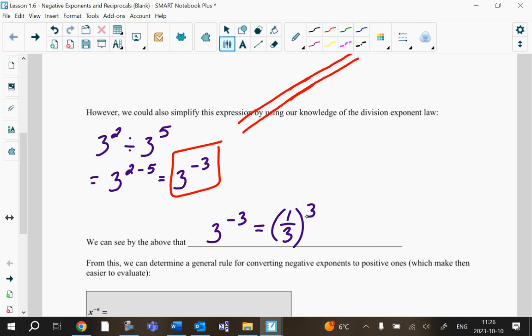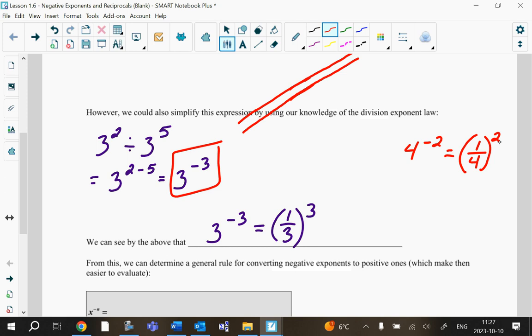With me? Okay. Look at this. What if I asked you, you don't have to write this down, looking at this to see how this equals this, what do you think this would equal with a positive exponent? Yeah, because notice we just change the negative to positive, and the 3 becomes 1/3.